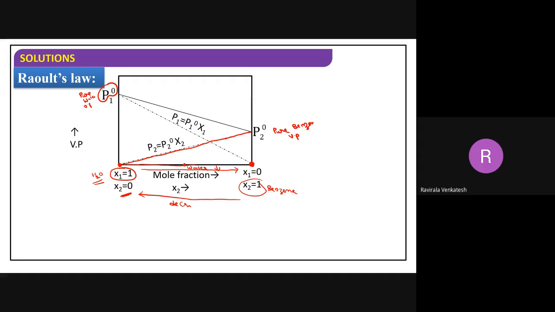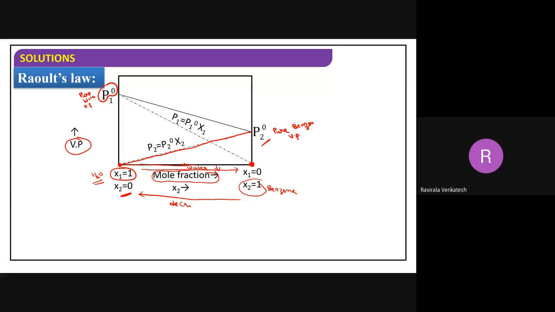When you have more benzene, it will exert less pressure, and in that case the total vapor pressure is less. When water is more, the total vapor pressure is more. So this is the graph explaining the relation between vapor pressure and mole fraction.